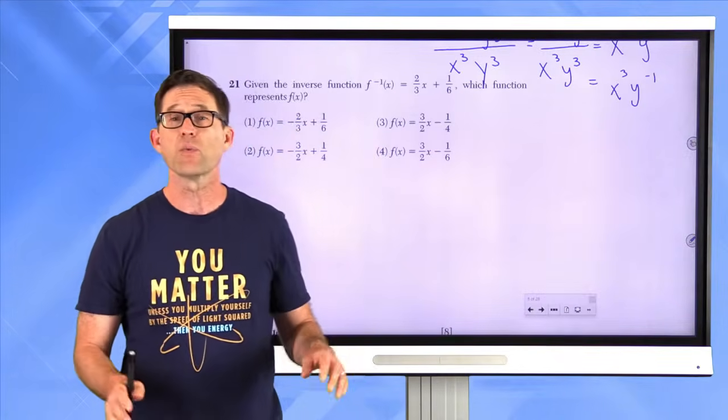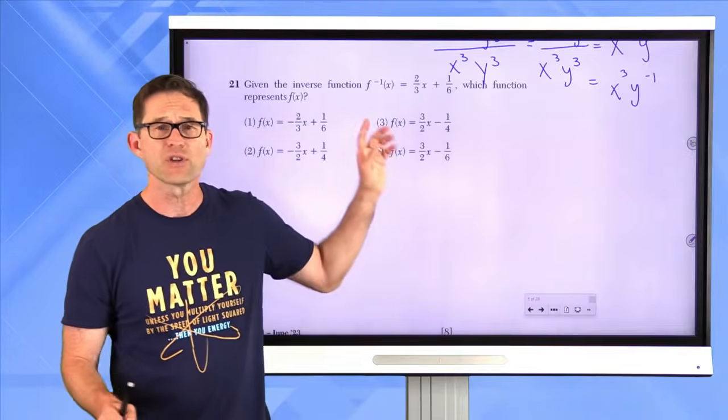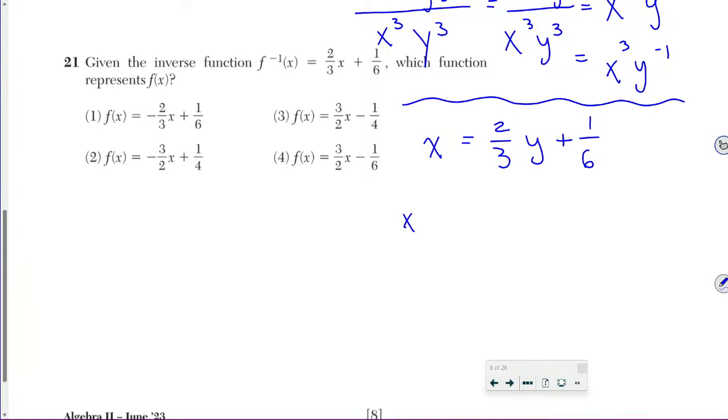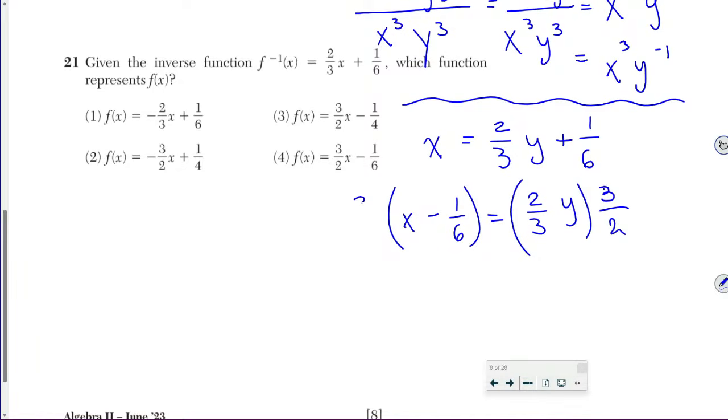So what I'm going to do is what I always do when I find an inverse function. I'm going to switch x and y. So I'm going to start with x is equal to 2/3 times y plus 1/6. All right. I'm going to subtract a 1/6 from both sides. Okay. And now I'm going to multiply both sides by 3/2, not by 2/3, and I have to be very good about distributing it.